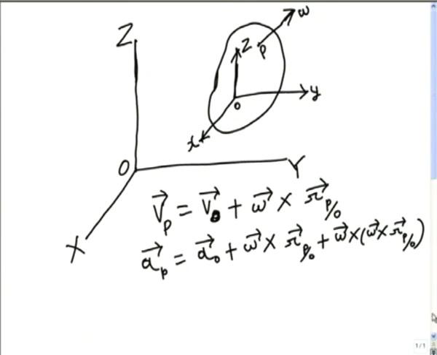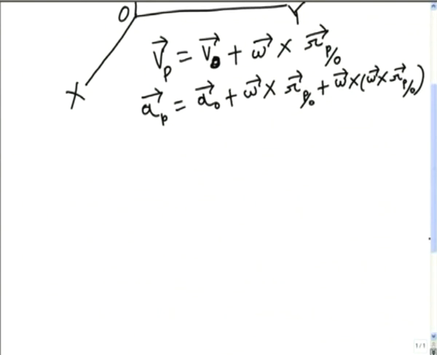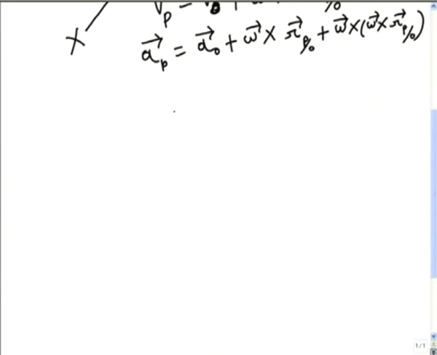Now, I will take one example. Suppose consider this link. Suppose there is a shaft, and these are the bearings. Here also these are bearings.